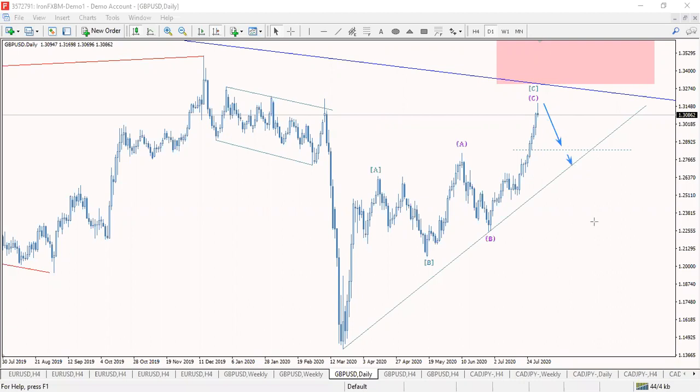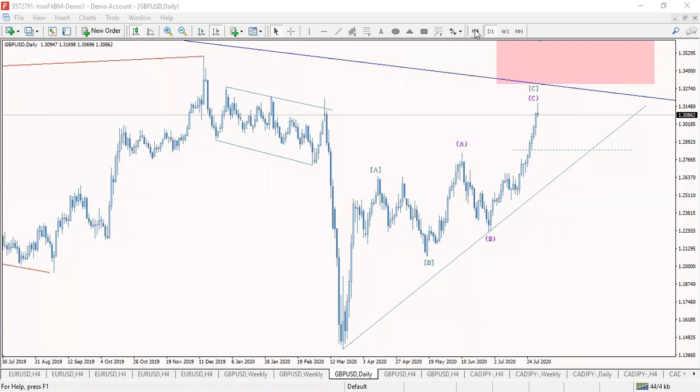We're expecting this market to even come to these lows, unless the data that is yet to come shows us otherwise. Otherwise, coming to the following week, we're expecting this market to go to the downside.